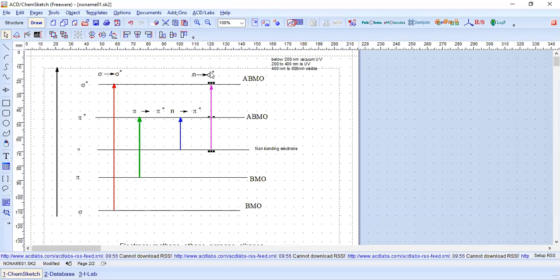Now, which are the transitions which will be coming under UV visible spectroscopy? These are the two transitions, that is pi to pi star and n to pi star. These are the two electronic transitions which we are going to study in UV visible spectroscopy.